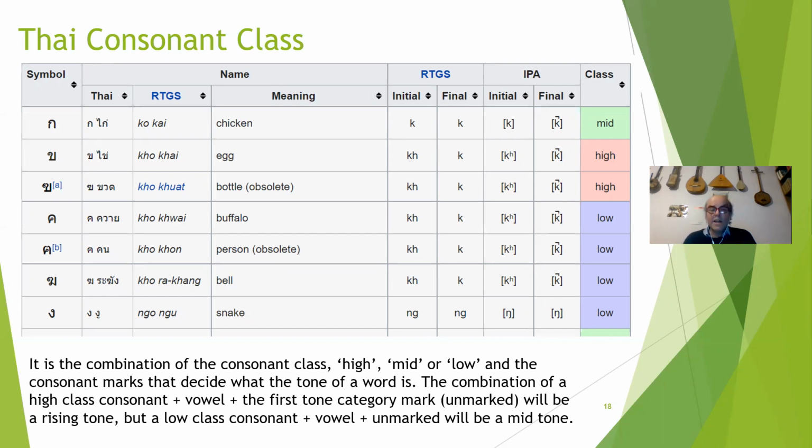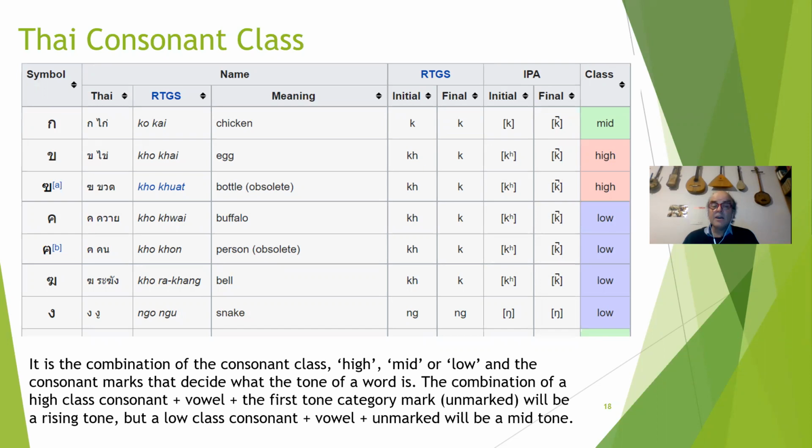So when you have a high class consonant with a vowel and the first tone category, which is unmarked, you get a rising tone like kaw. That's the name of the letter. But an example of a word that fits into this category would be something like, let me see, ma, a dog. That's on a rising tone, ma.